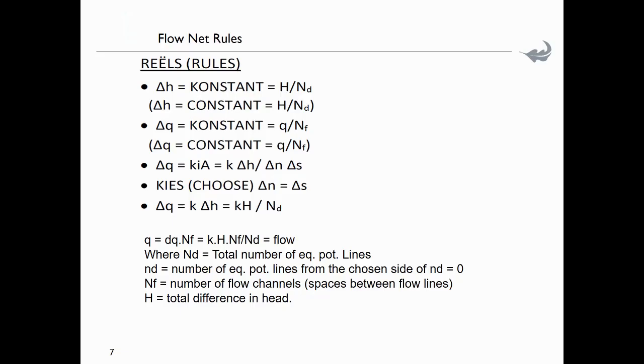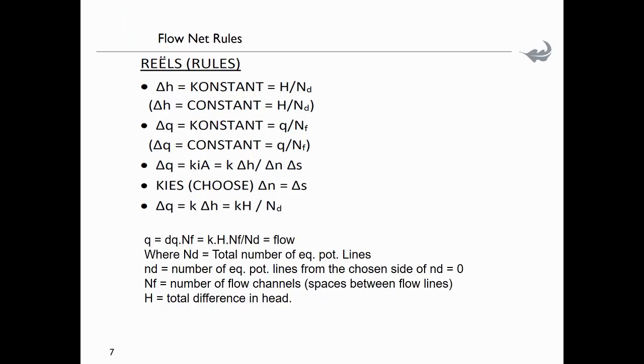The change in head, delta H, is constant, and it's the total head over the number of equipotential drops. The change in flow rate is also constant, and that becomes the flow rate over the number of flow channels.